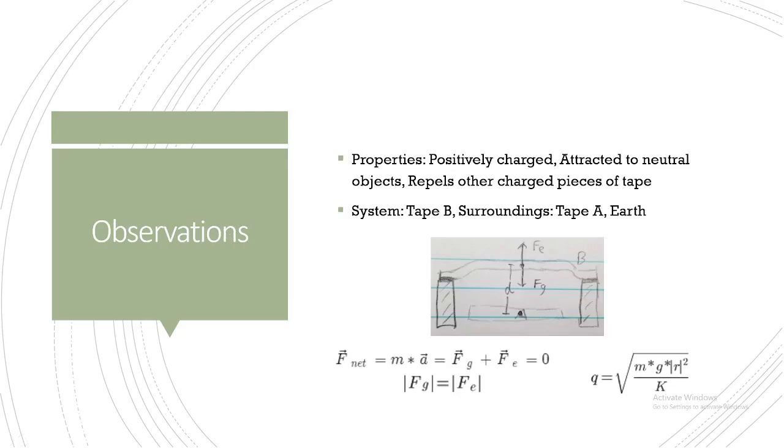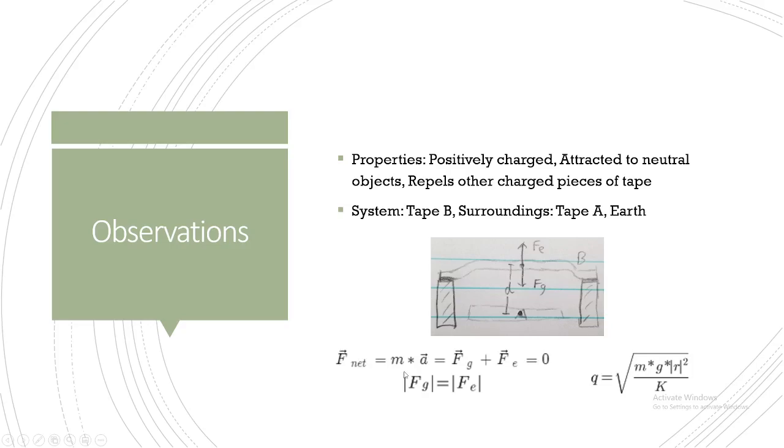After creating the charged tape, I did a series of tests to determine its properties, as listed here, and collected data used in the previous and now current model. Here it's important to note that tape B is our system, and the surroundings will be tape A, which produces an electric force in the positive y direction, and the Earth, which produces a gravitational force in the negative y direction.